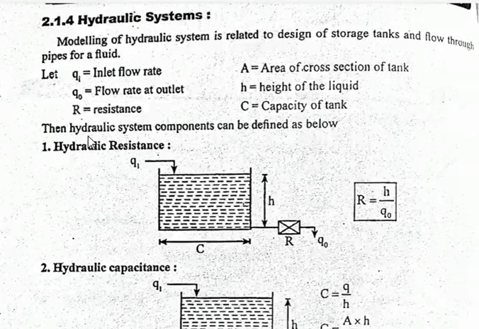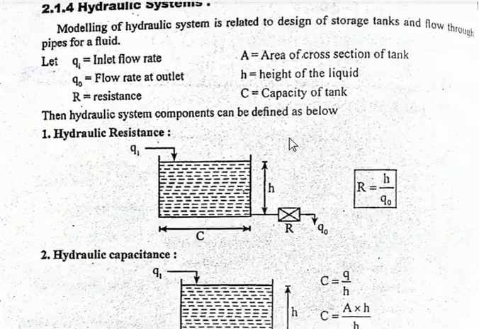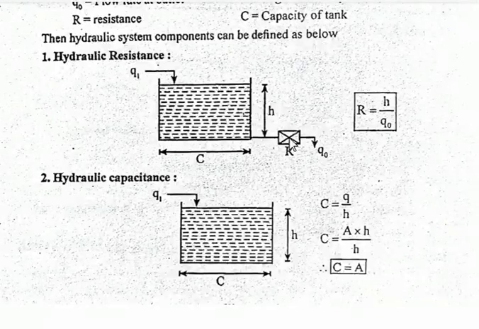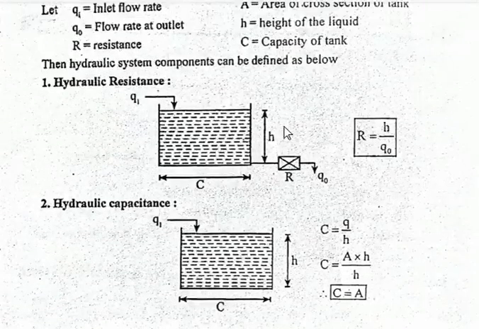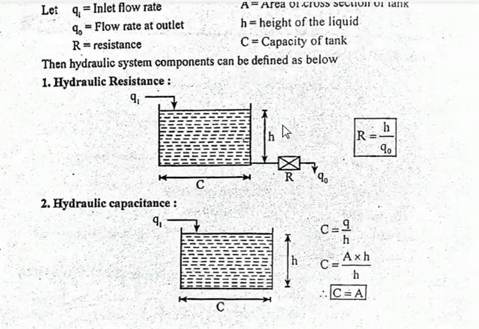Then hydraulic system components can be defined as below. First, hydraulic resistance. Here there is one container, and this is the head H. This is the capacity of the tank, and small h is the height of the liquid.